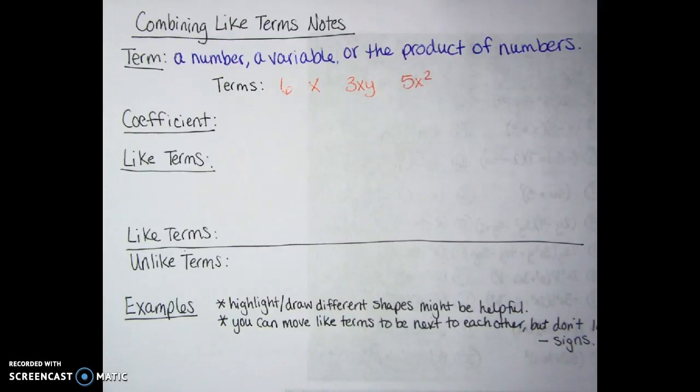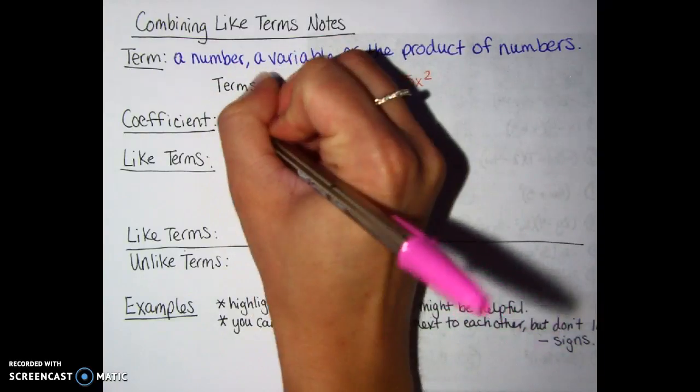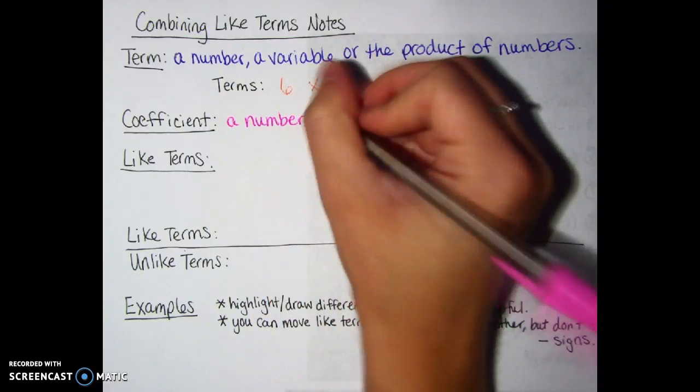Okay, a coefficient is a number that is multiplied by a variable.